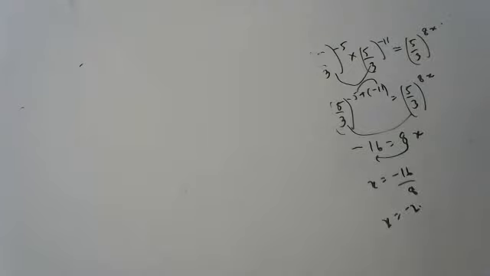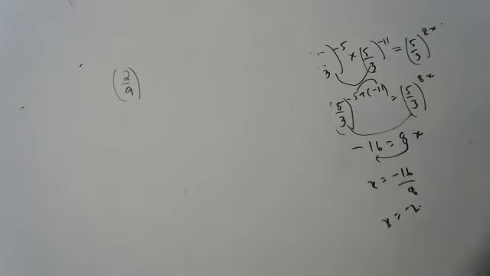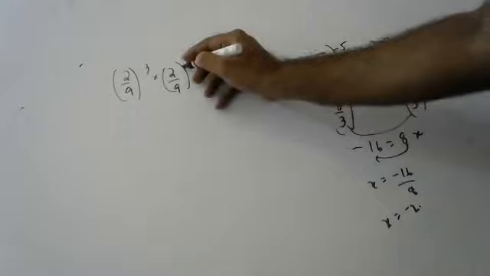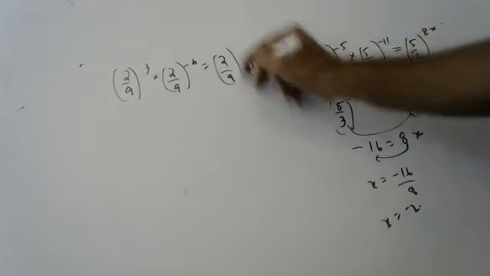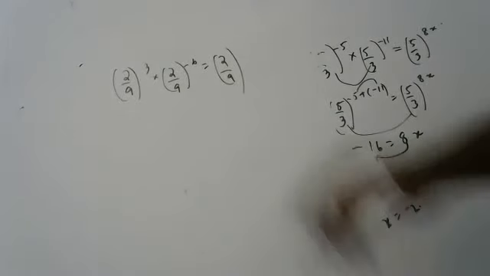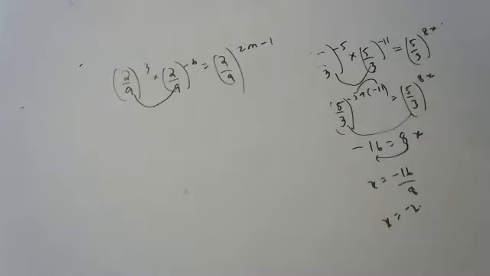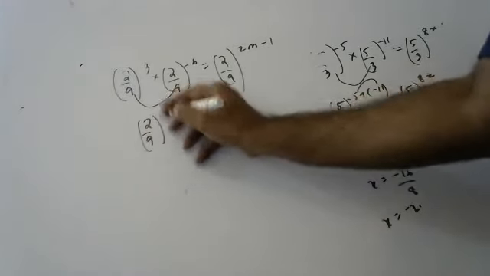Satvik. Yes, sir. 2 by 9 whole to the power of 3 into 2 by 9 whole to the power of minus 6 is equal to 2 by 9 whole to the power of 2m minus 1. Yes, when bases are same, powers can be added, sir. So 2 by 9 to the power of 3 plus minus 6.